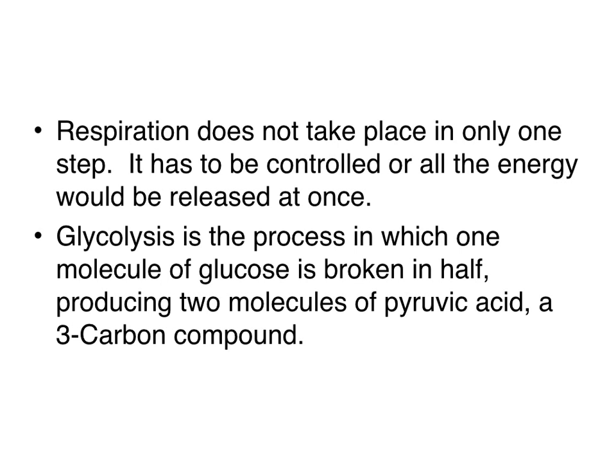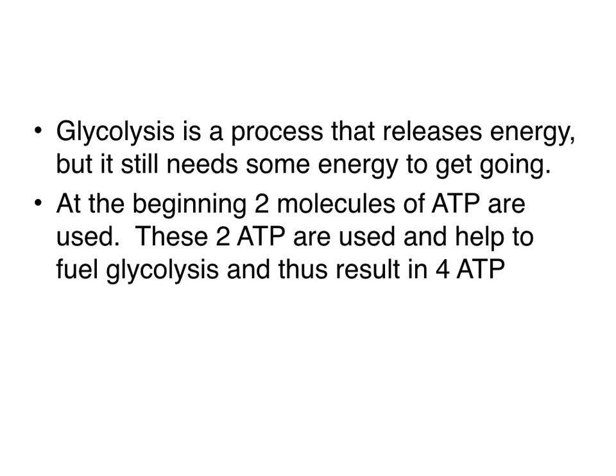Where this pyruvic acid goes is determined by the presence or absence of oxygen. Glycolysis releases some energy, but it still needs some to get going. At the beginning, 2 molecules of ATP are used. It's like gambling: you put $2 down on the roulette wheel, and when you win you get 4 back, but you only profited 2.